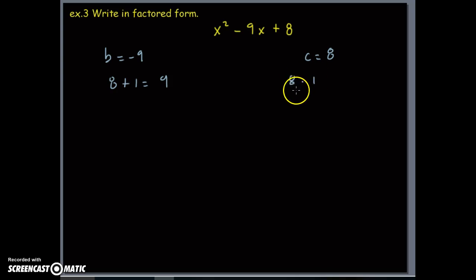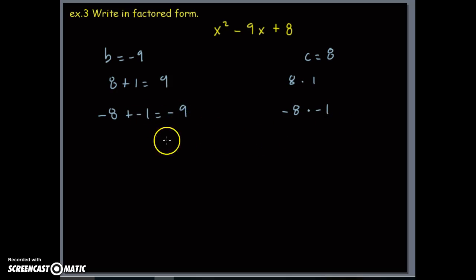So how can I get a positive number when I multiply, but a negative number when I add? Using these numbers, because I know that these numbers are the right combination because they're giving me the value of 9. Well, what if we made them both negative? Like negative 8 times a negative 1. When we multiply these two, we get a positive 8, and then when we add them together, we get a negative 9.